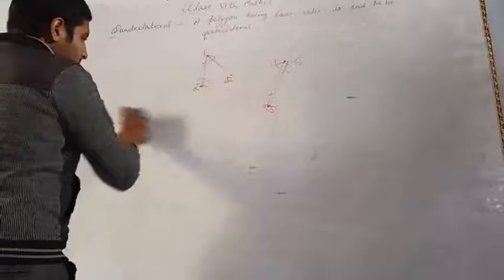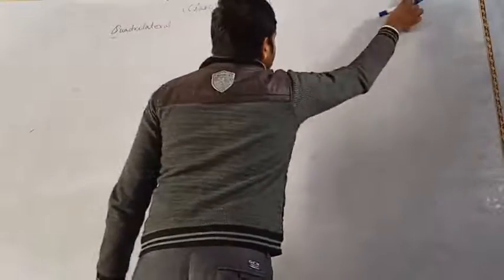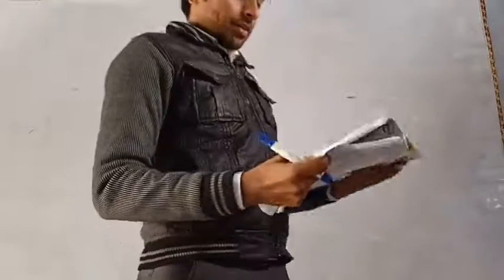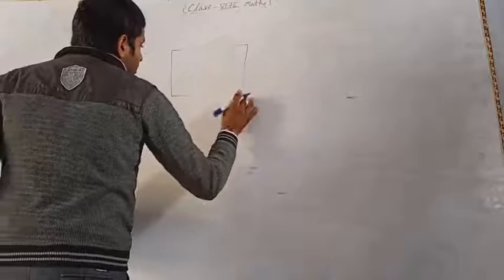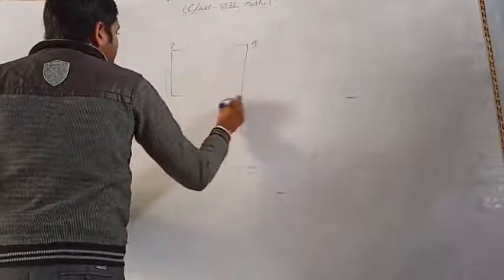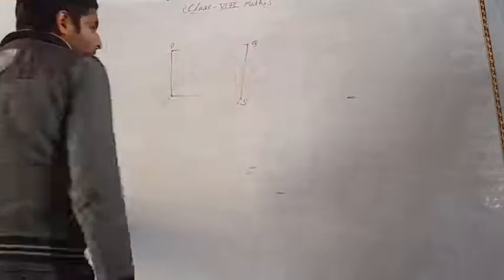Now again, here the exterior and interior of a quadrilateral are given. Suppose a quadrilateral is given, with points P, Q, R and S as the vertices of the quadrilateral.